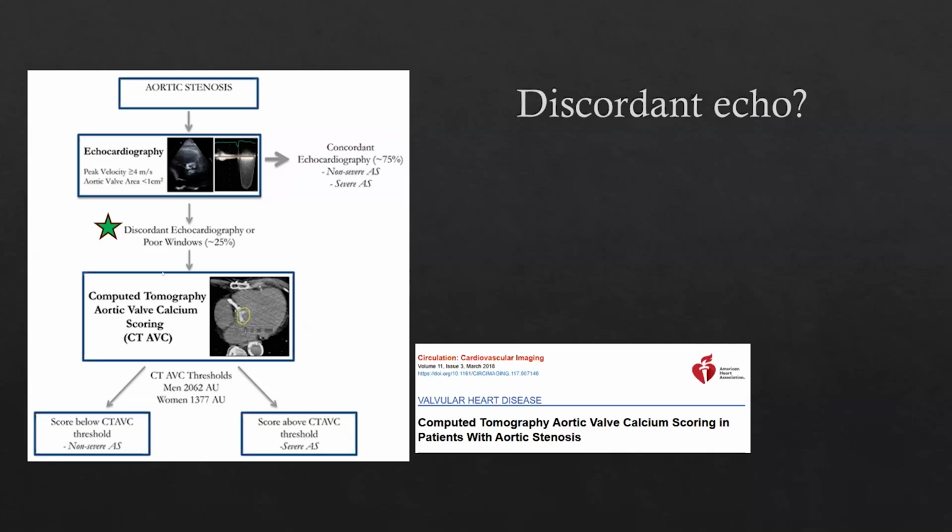So what has been shown is that we can do a non-contrast aortic valve calcium score, similar to our coronary artery calcium scores, and get an Agatston unit calculation of how much calcification is within the valve. If the threshold exceeds a given value, for men approximately 2,000 Agatston units, and for women approximately 1,000 to 1,300 Agatston units, then the patient is bumped up to a severe aortic stenosis category.